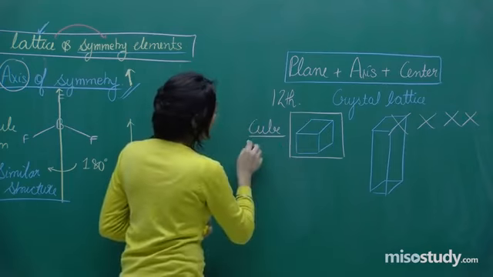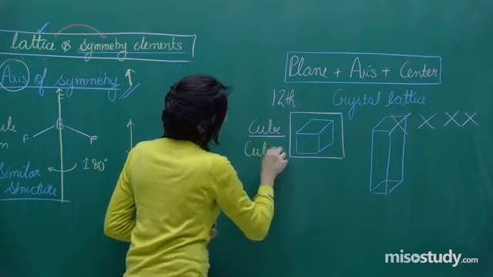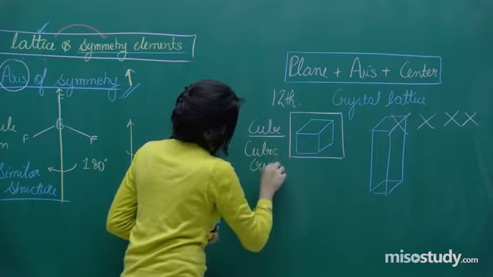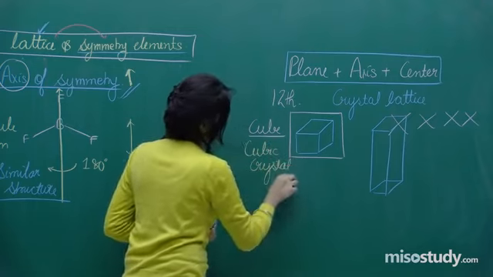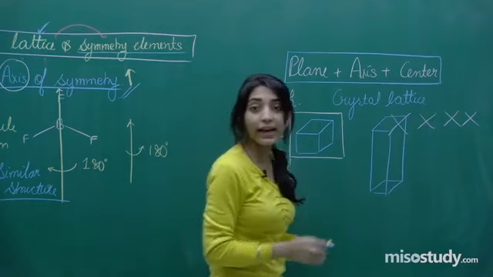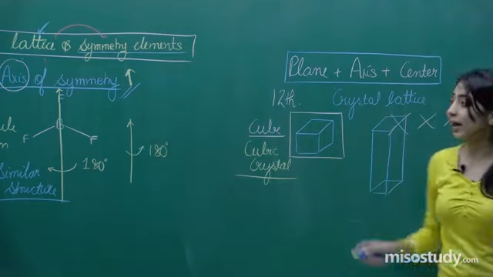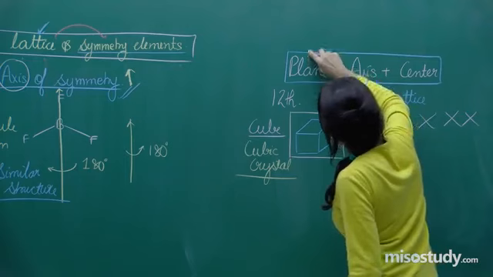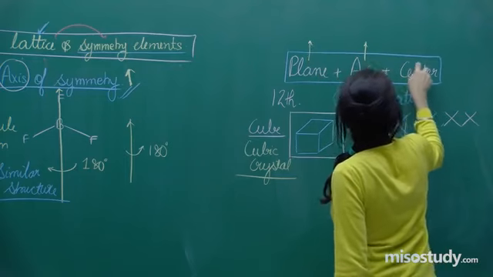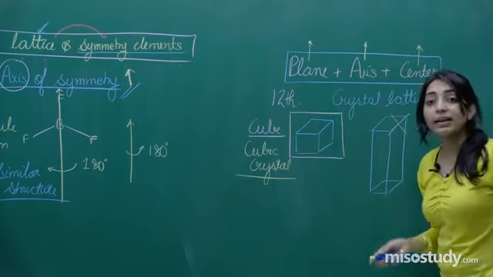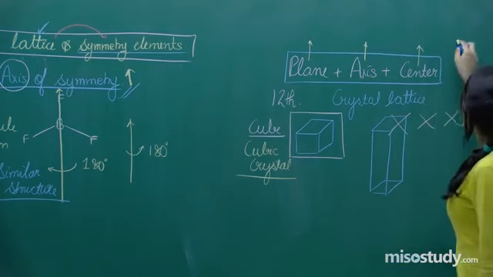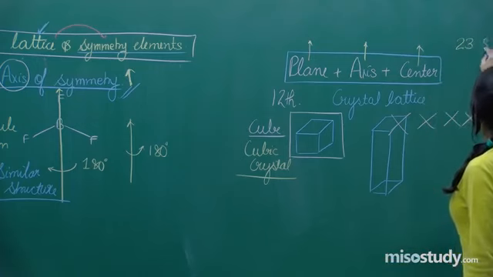And if you talk about a cubic crystal system, and if you take into account all the number of symmetry elements of the plane, of the axis, of the center, then you will end up getting 23 symmetry elements.